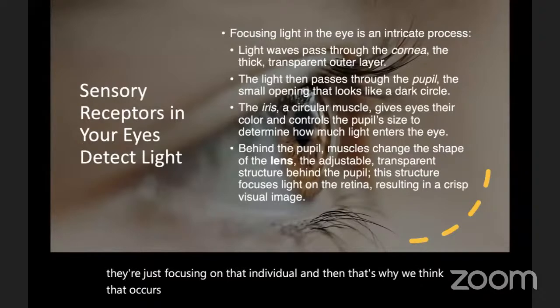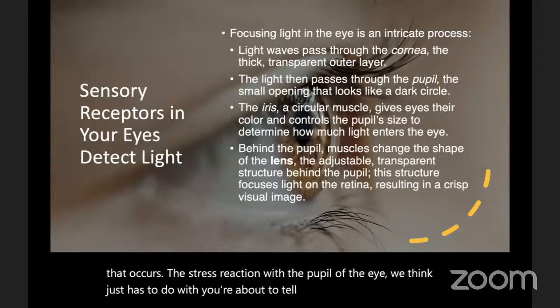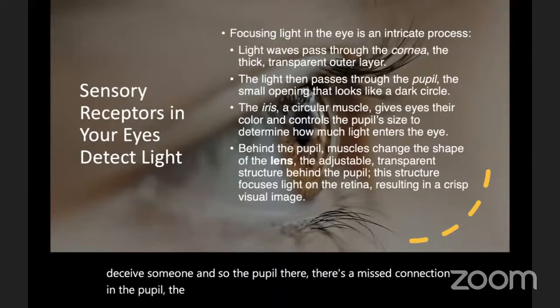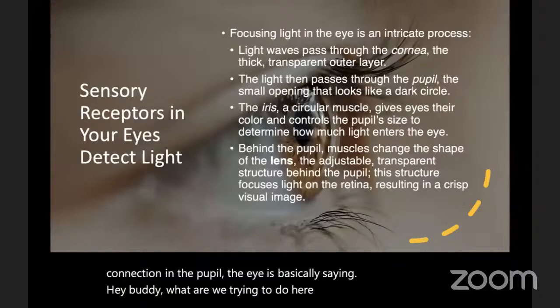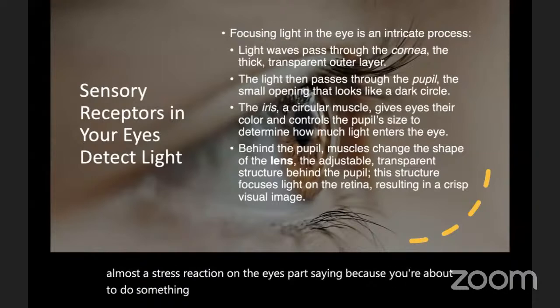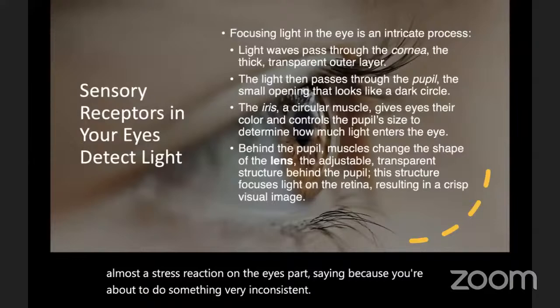The stress reaction with the pupil of the eye, we think just has to do with you're about to tell a lie or you're about to deceive someone. And so in the pupil, there's a missed connection. The eye is basically saying, hey, buddy, what are we trying to do here? Okay. And so it's almost a stress reaction on the eye's part, because you're about to do something very inconsistent. Okay.